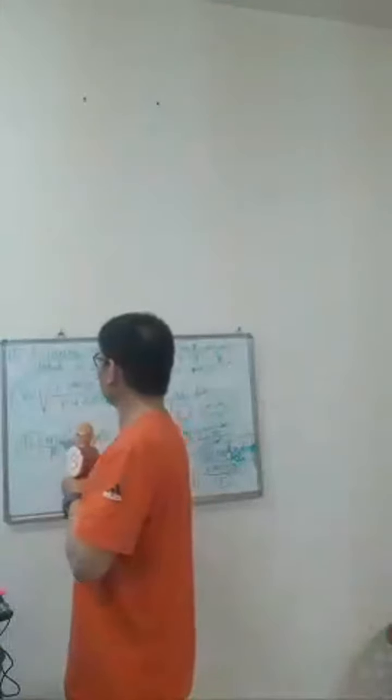So how can you compute the radius? So FC is equal to mv squared over r. And then force is equal to mass times acceleration. Cancel the mass.